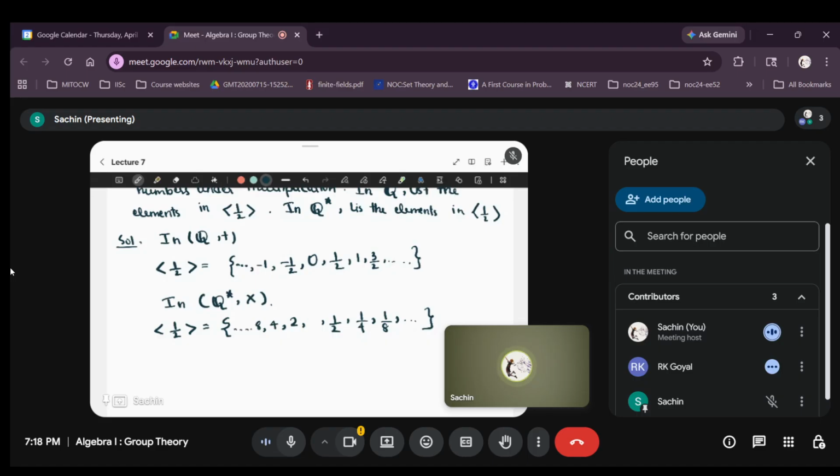And half power 0 is also included. So 1 is there.